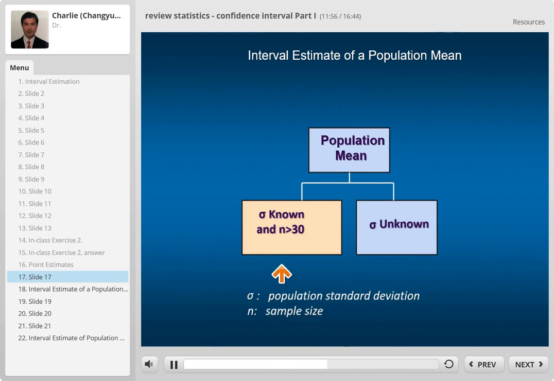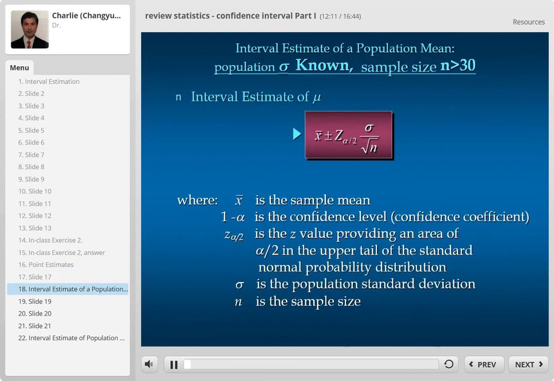One scenario is we know the population sigma and the sample size is bigger than 30. The other scenario is we do not know the population standard deviation. First is the scenario where we know the population standard deviation and the sample size n is bigger than 30. We're going to use this formula.